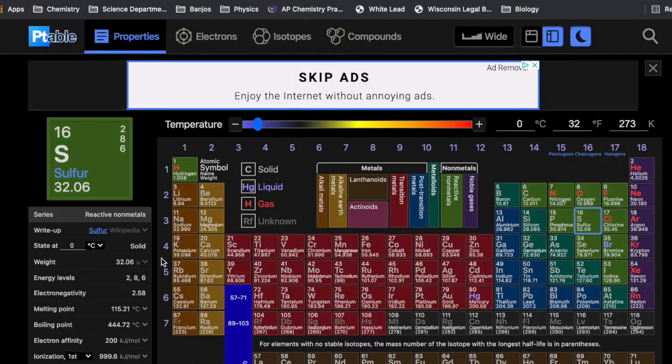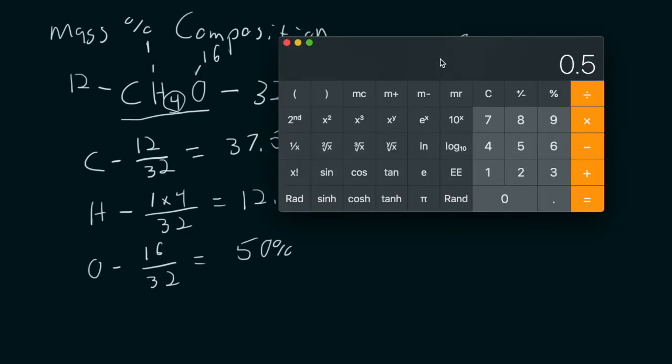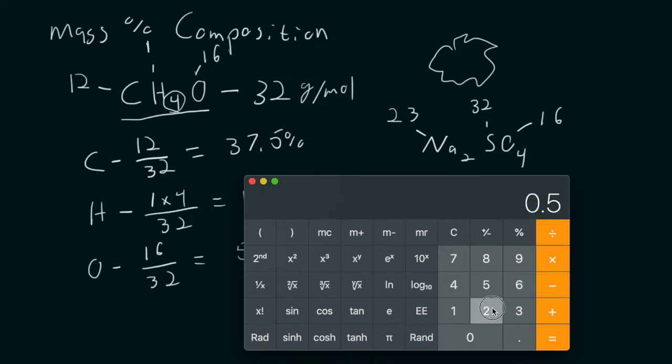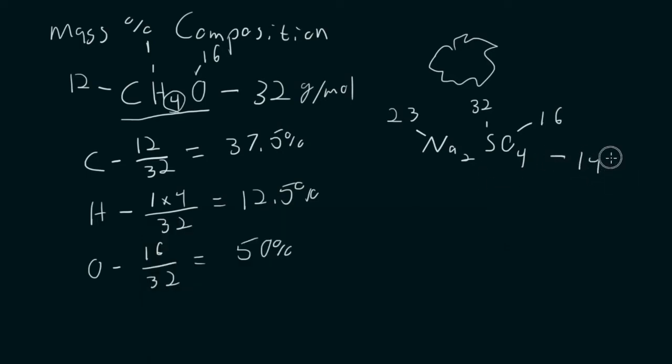Sodium is going to be 23. Okay, and then I can figure out my total here. So I'm going to take 23 times 2 plus 32 plus 16 times 4. That gives me 142. So my total is 142.